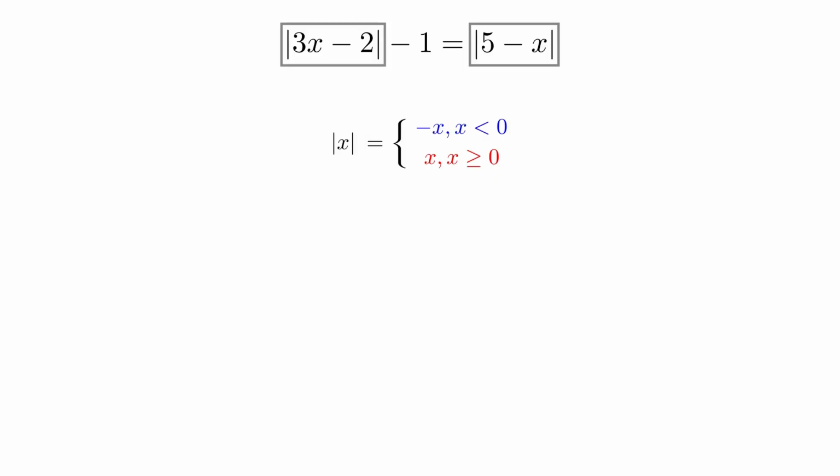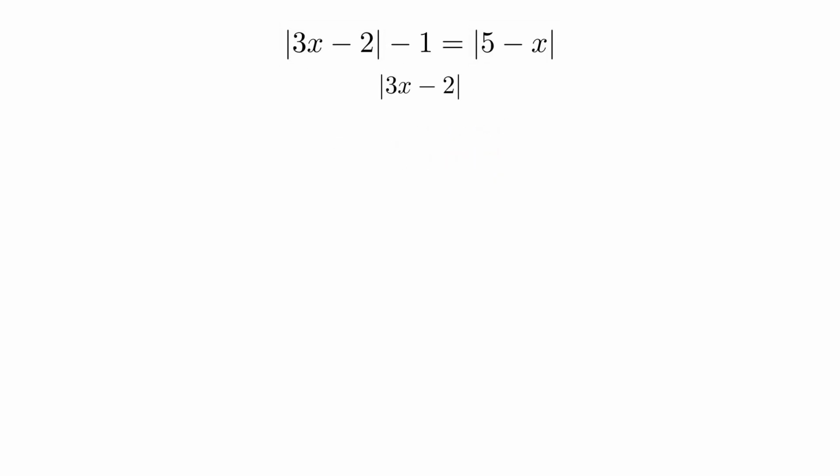We can split that up where we'll have one version where we negate the 3x minus 2, so it'll be a negative times the 3x minus 2, and the other version we'll just take as it is, so 3x minus 2. We can distribute the negative to the 3x minus 2 for the negative version. That gives us negative 3x plus 2, and then we'll be left with negative 3x plus 2 and 3x minus 2 for the negative and positive version.